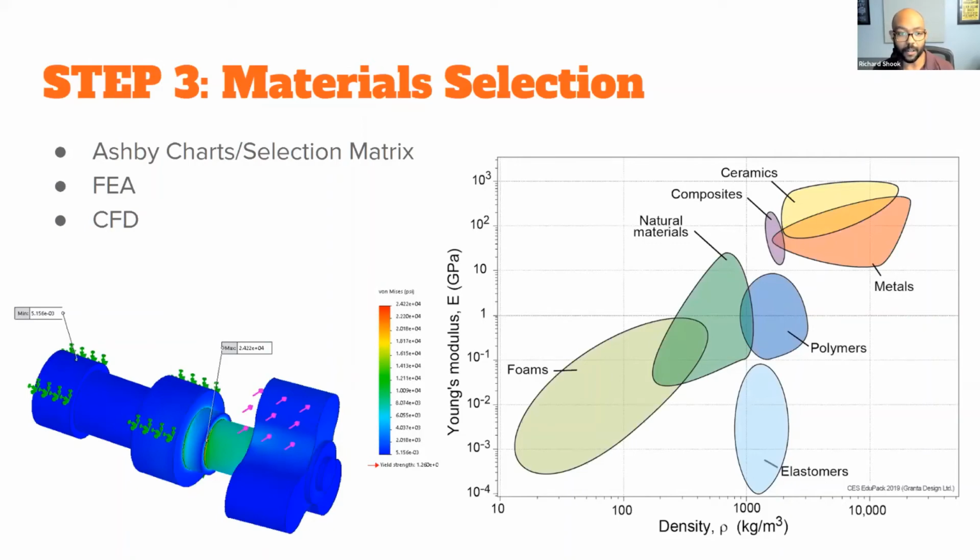To help us also achieve those selections, we have tools such as FEA, which is finite element analysis. At my company, we use SolidWorks simulation. That allows us to do a lot of the structural analysis up front to determine, based on the shape that we've initially laid out, where we think we could be in terms of material. And then we can fine tune from there.